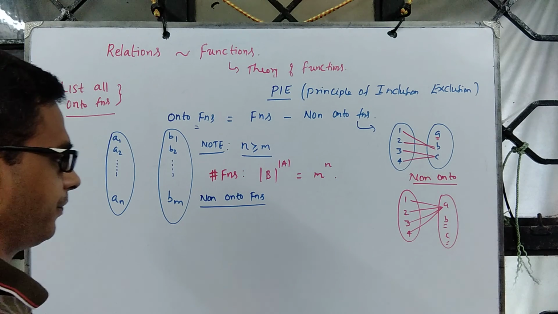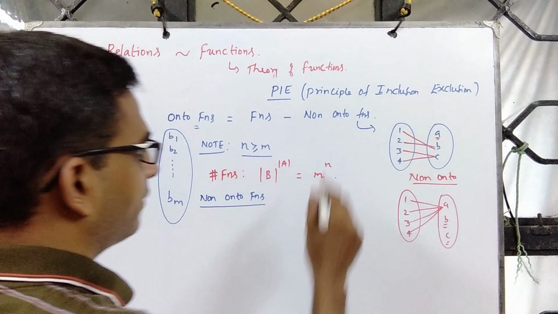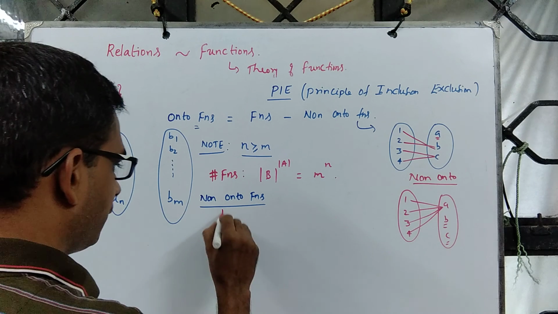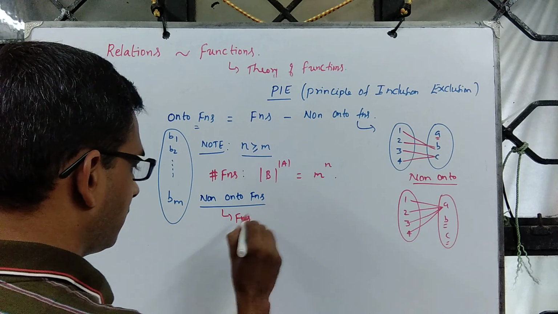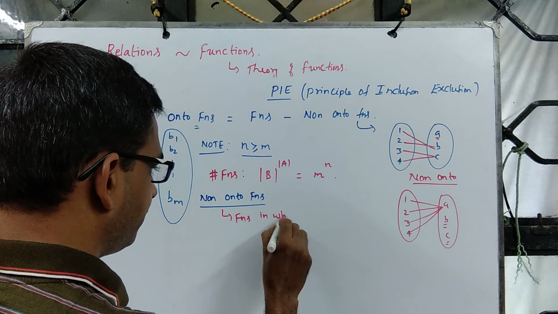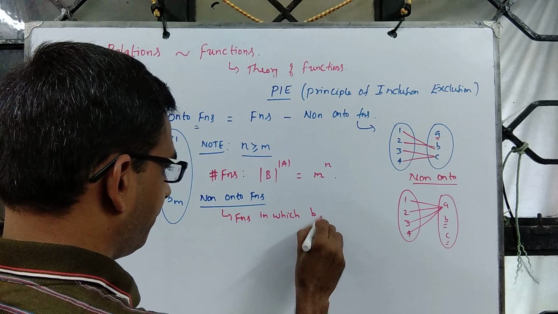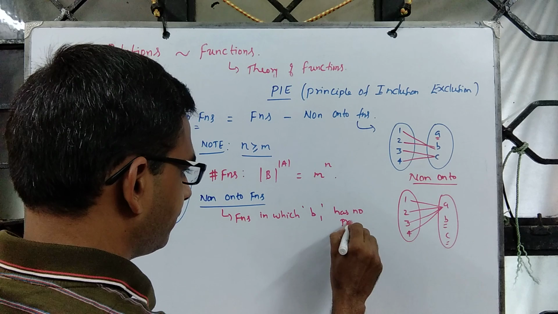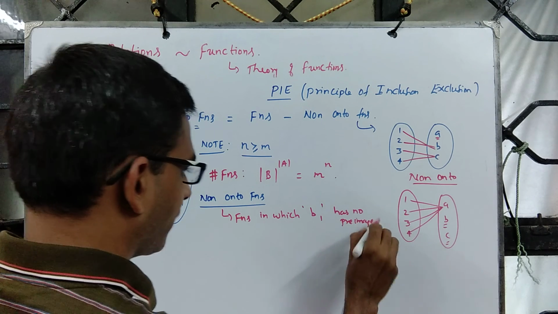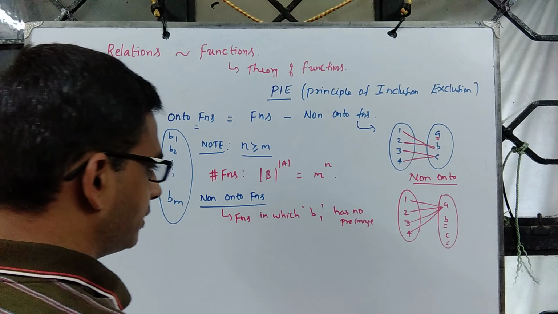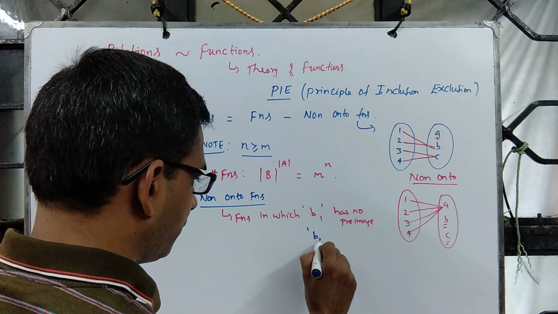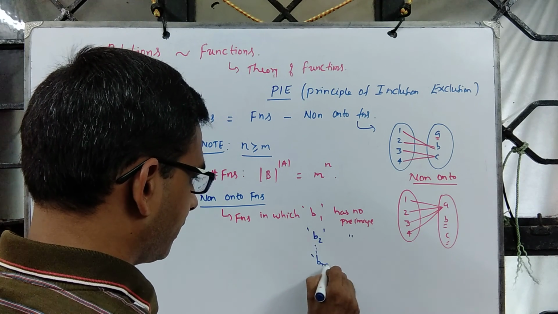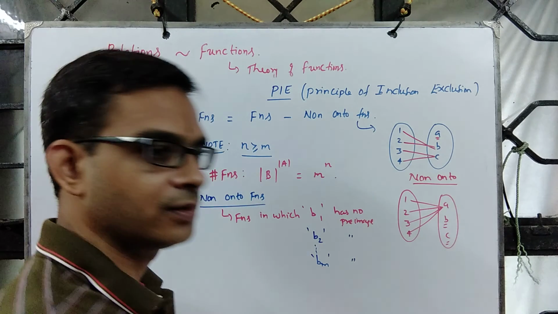What are they? They are functions of this type: functions in which b1 has no preimage, functions in which b2 has no preimage, and so on up to bm having no preimage.